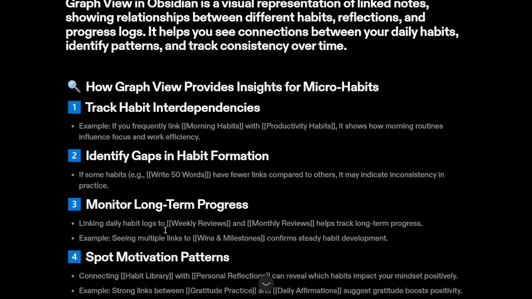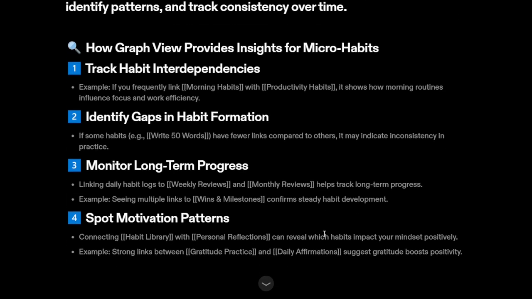Linking daily habit logs to weekly reviews and monthly reviews helps track long-term progress. Example, seeing multiple links to wins and milestones confirms steady habit development. So if you are linking a lot of ideas or notes to wins and milestones, it means that you are steadily developing your habits. Spot motivation patterns.